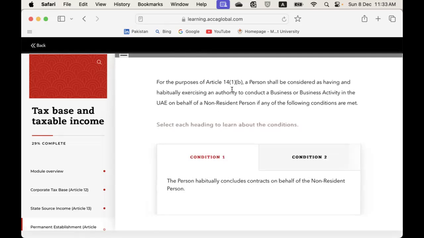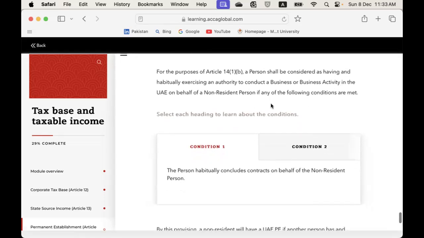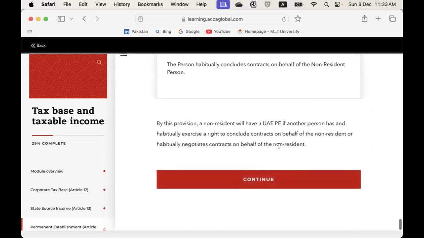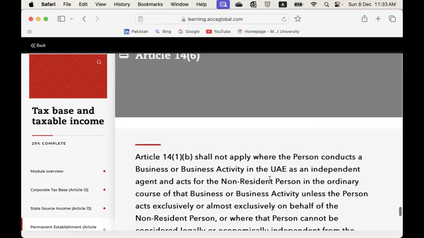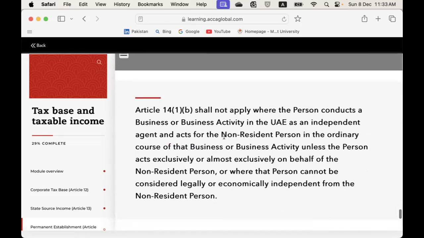So, for the purpose of Article 14, Clause 1b, a person shall be considered as having and habitually exercising. I'm going to skip through this. This we have already discussed. This was dependent agent PE. Then, a person who conducts a business in UAE as an independent agent and acts for the non-resident person in the ordinary course of that business or business activity, unless the person acts exclusively or almost exclusively on behalf of the non-resident person.